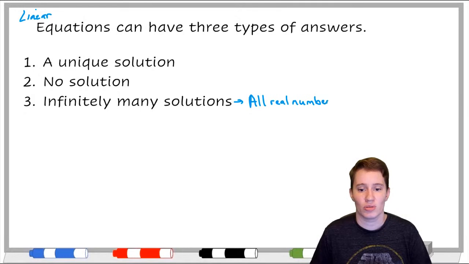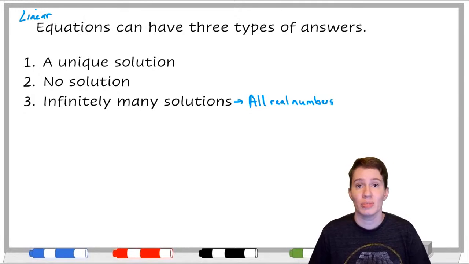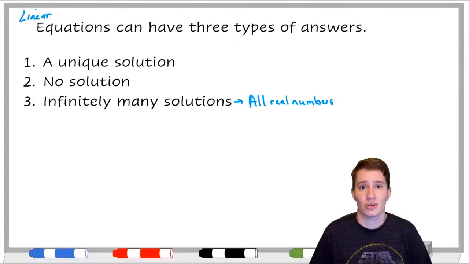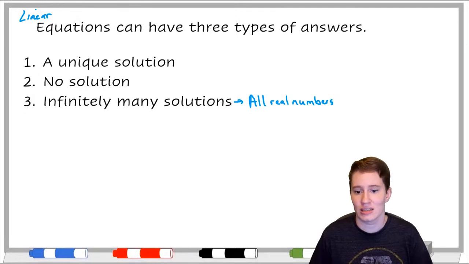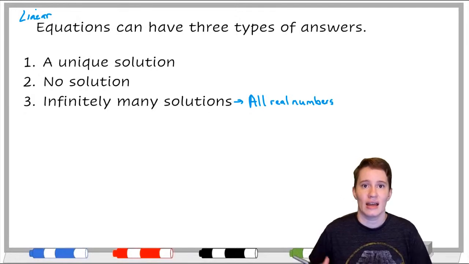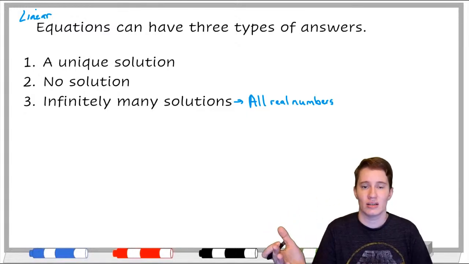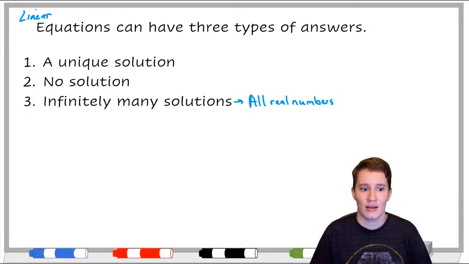You could pick 1, you could pick 10, you could pick 0, you could pick pi, you could pick the grossest decimal or fraction that you possibly can think of, and it would work. It would fit into that equation and maintain equality between the two sides.